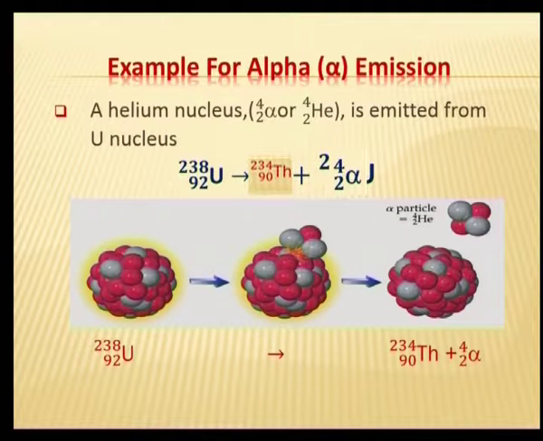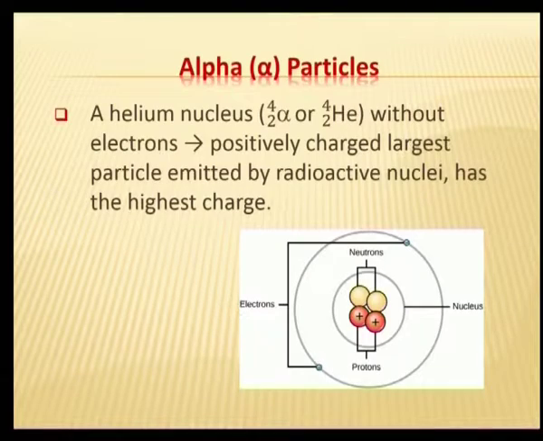From uranium 238, you have the alpha particle coming out, and 238 becomes 234, that is, the mass number is reduced by 4, because the 4 refers to the mass carried by the alpha particle. So, the alpha particle is nothing but the helium nucleus containing 2 protons and 2 neutrons. The mass number is 4, okay?